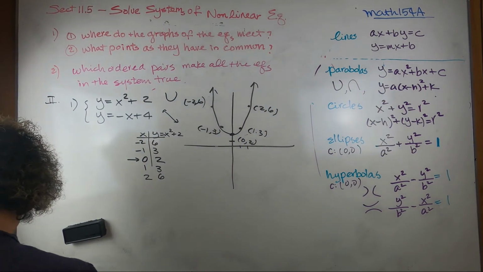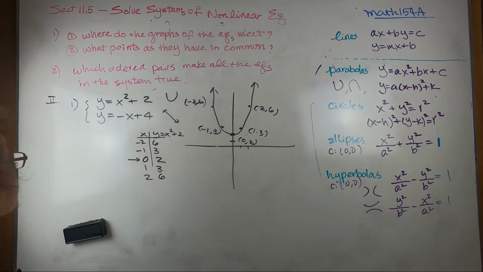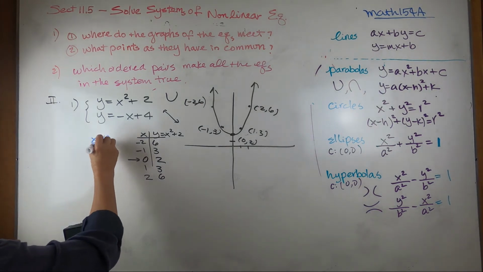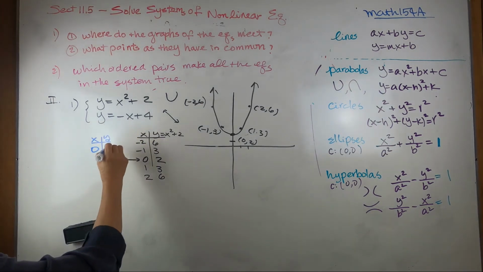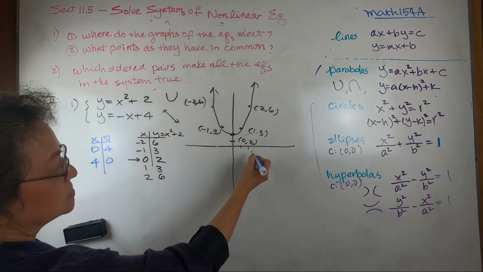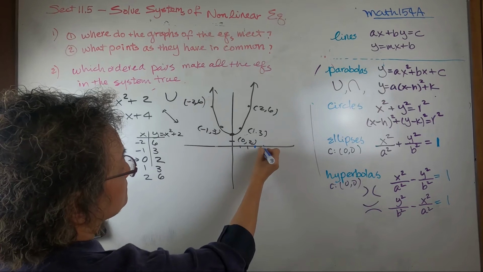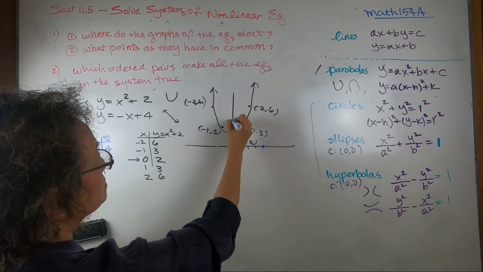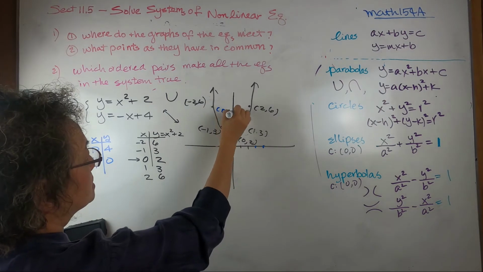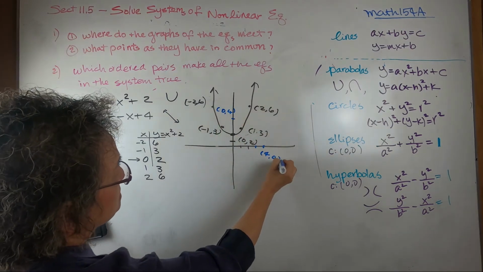Then we will draw the second one, which is the line. We can just do the intercepts: x is 0, y is 4; y is 0, x is 4. So it will be 0, 4, and 4, 0.